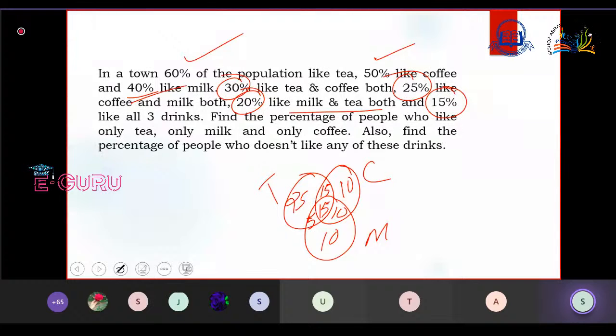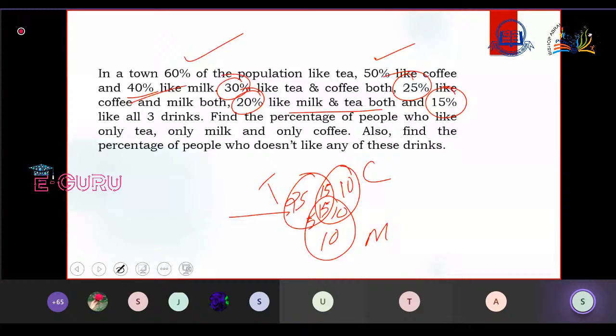Now all the people who like any of these things will already be part of this diagram, and the people who don't like any of these drinks, they are outside. Anyone who likes at least one of these drinks is already included in this diagram. So let us see, we need to find out the percentage of people who like only tea, only milk and only coffee.